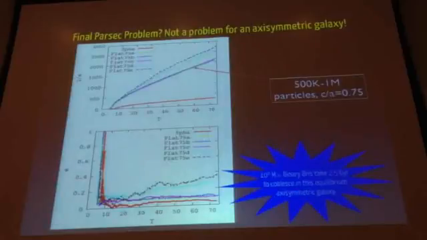And what we found was this. We ran a bunch of different flattenings, a bunch of different particle numbers. Here are low particle numbers. And then once you reach above 500,000 up to 1 million particles for this flattening, we saw independence.